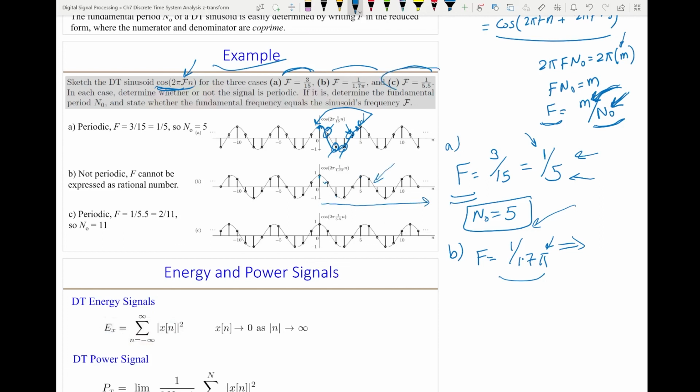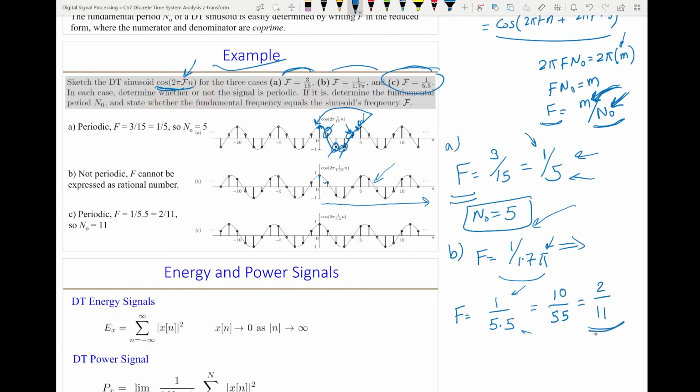Let's take part C. F equals 1 over 5.5. Now I need to make this an integer divided by an integer, so I can multiply numerator and denominator by 10. That would be 10 divided by 55. Then I can divide both by 5, so this would be 2 divided by 11.